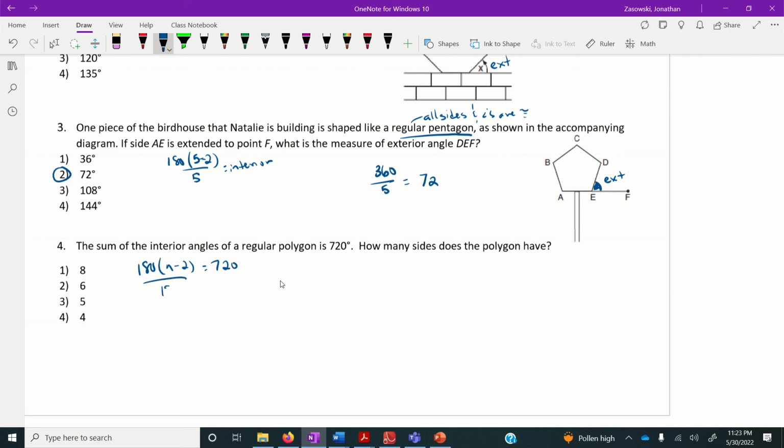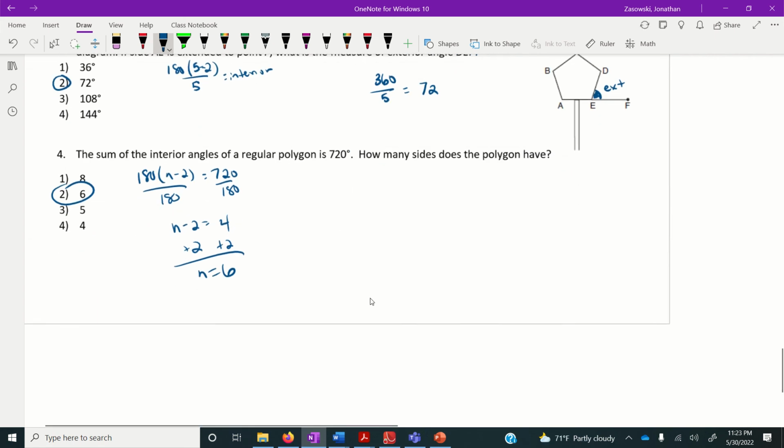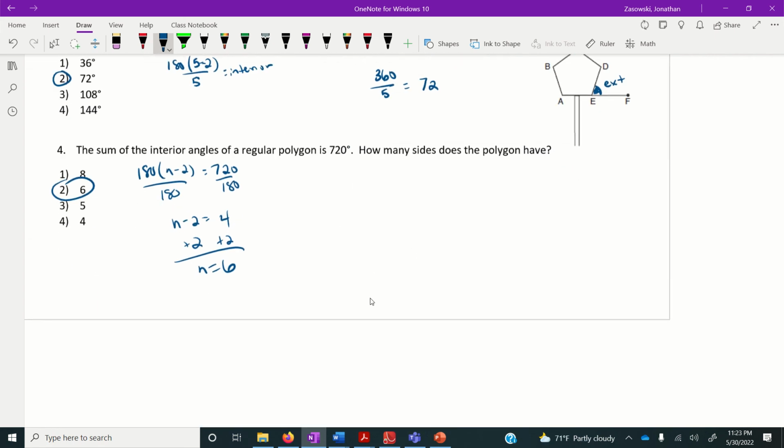So we could just divide by 180, and we'll get n minus 2 is equal to 4, and then we add 2 to both sides to get n is equal to 6. But if you just plugged in 8 and then 6 and 5 and 4, eventually you'll see which one is equal to 720. And that is it for today.